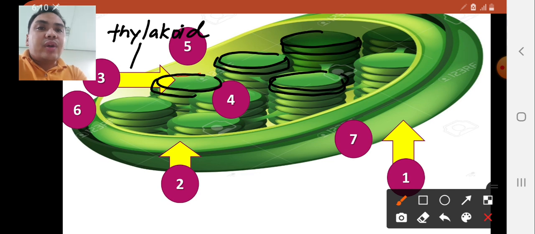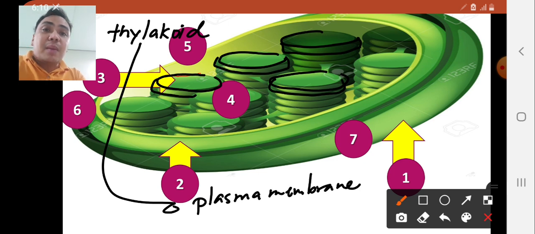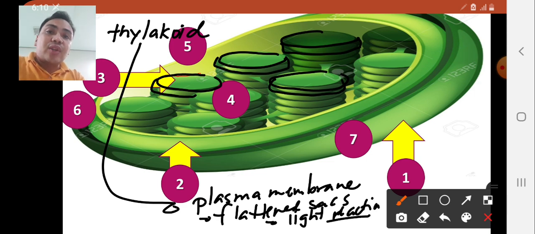The thylakoid consists of a membrane as well. These are flattened sacs, and they are considered to be the site of the light reaction of photosynthesis.